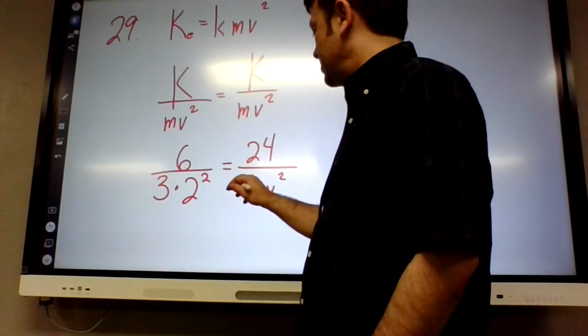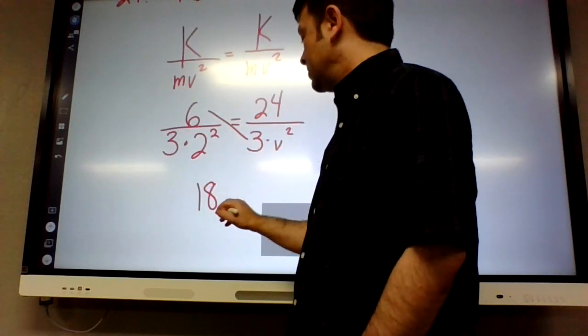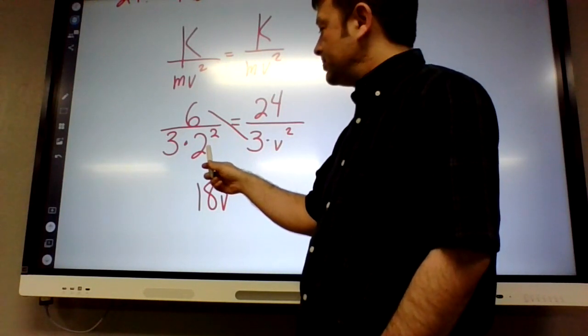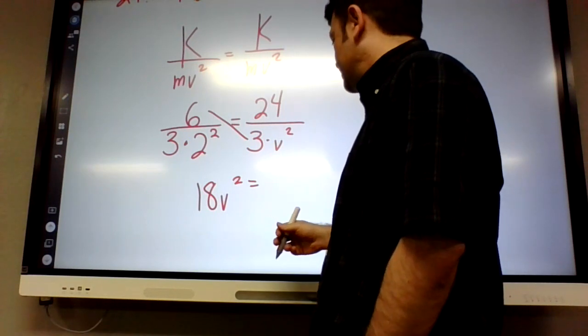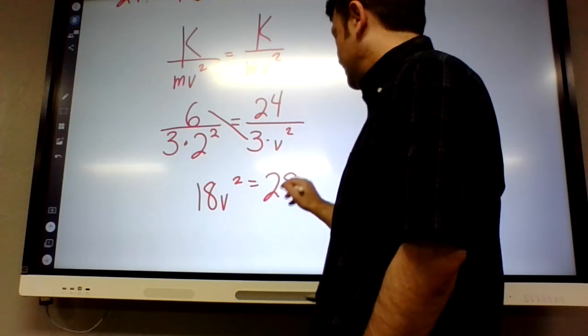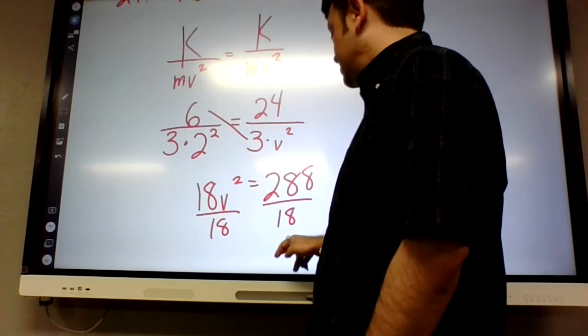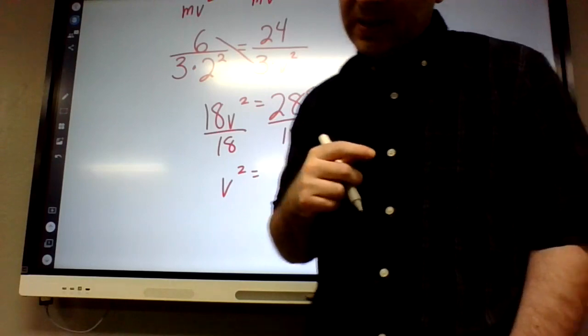Okay, I guess we'll just cross multiply here. 6 times 3v squared is 18 v squared. 2 times 2 is 4 times 3 is 12 times 24 is 240 plus 48, 288 I think. Divided by 18. Is that going to come out nicely? 16.